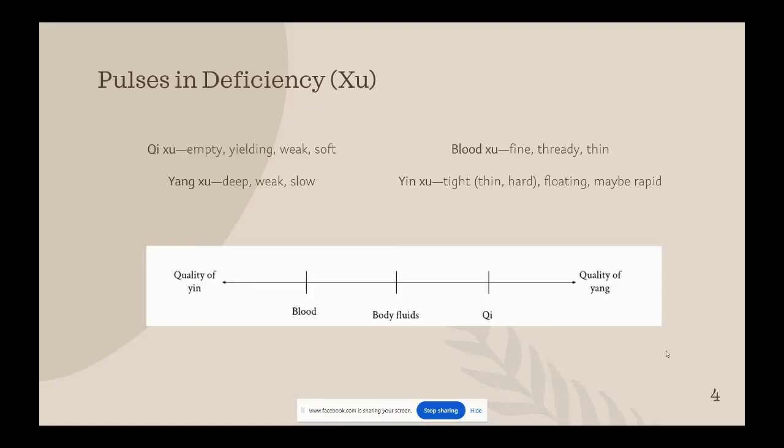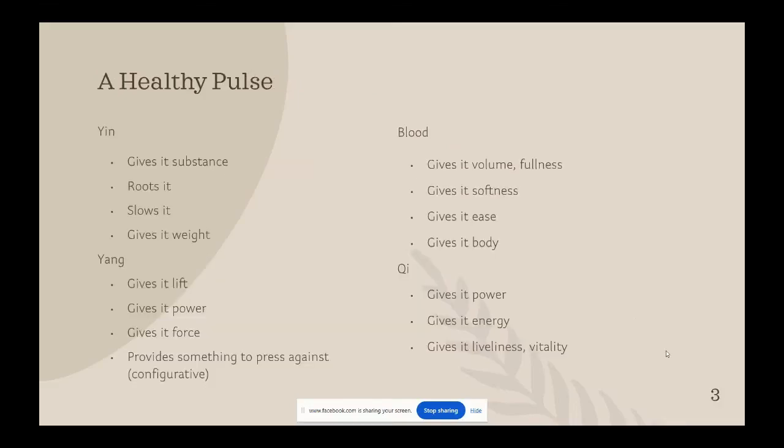obviously more energetic, more subtle, and so we can keep that in mind as we think about these different qualities. So yin gives the pulse substance, and it roots and slows it so it's not too fast, gives it weight, where yang gives it lift and power and force, and it's configurative.